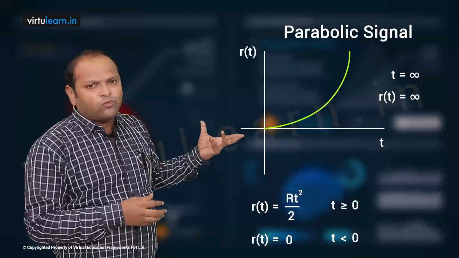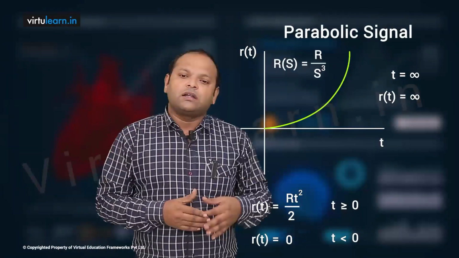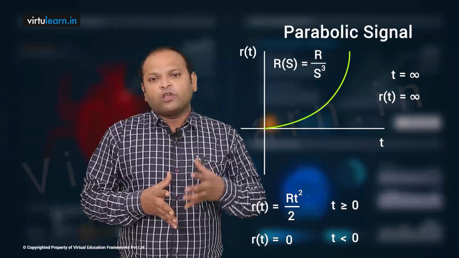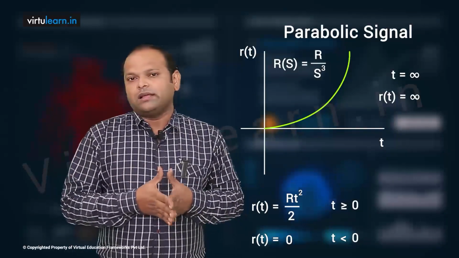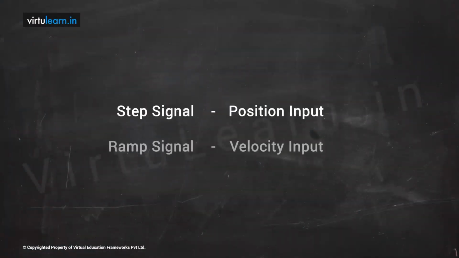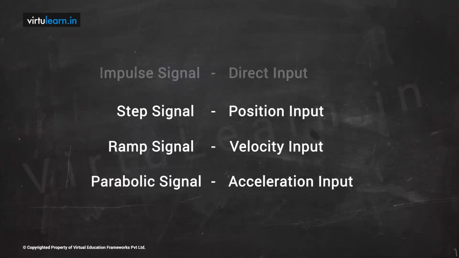Generally, the parabolic signal is used to find the steady state error, not to find the transient response. And here we can say this parabolic signal is an acceleration input. So step is a position input, ramp is a velocity input, and parabolic is an acceleration input.